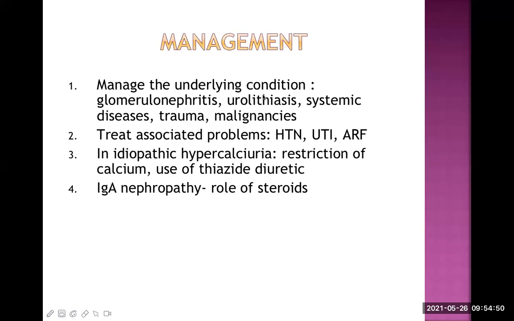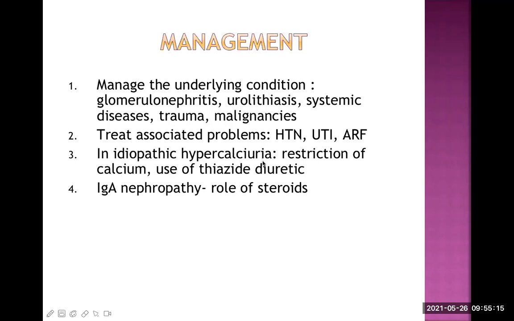Manage the underlying condition after diagnosis. If it is a case of glomerulonephritis, go for the treatment. If it is a case of urolithiasis or kidney stone or urinary tract stone, mainly surgical therapy is done. Systemic diseases like connective tissue disorders, you manage appropriately. Trauma, manage again appropriately. And malignancies, find out which type of malignancy that actually is, and then go for the treatment.